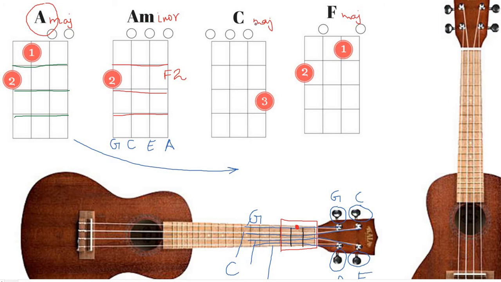In order to play C major chord, again I will write the string names here, G, C, E, A. To play the C major chord, you will put your third finger on the A string and on the third fret, because this is the fret position 3.